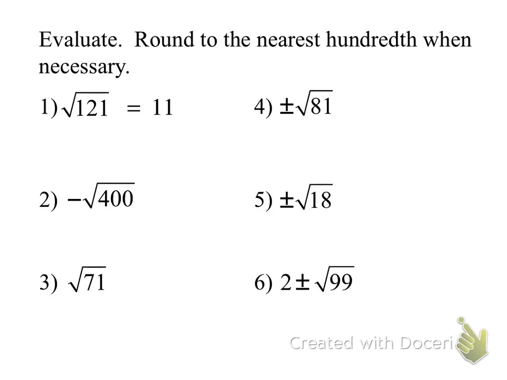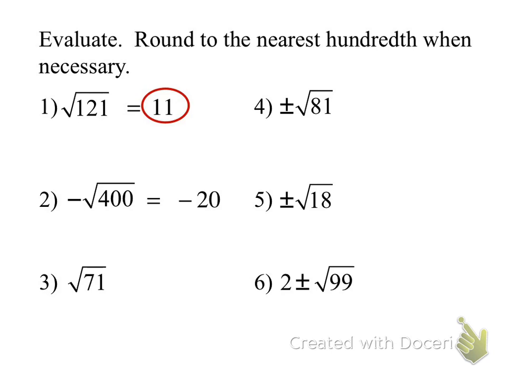121 is 11. So we're going to evaluate negative the square root of 400. What do you guys guess? Negative 20. The square root of 71 falls between 64 and 81. What is it closer to? Okay, so that's about 8 point what?